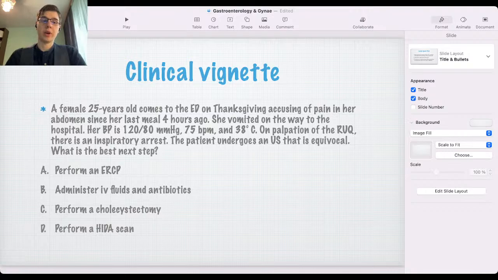She vomited on the way to the hospital. Her blood pressure is 120/80. She has 75 beats per minute as a pulse and 38 degrees Celsius.